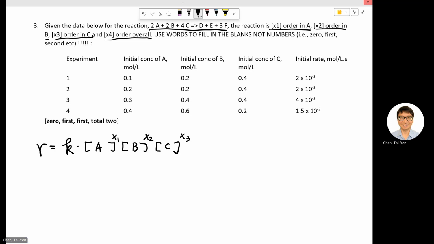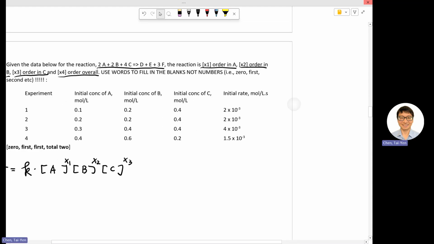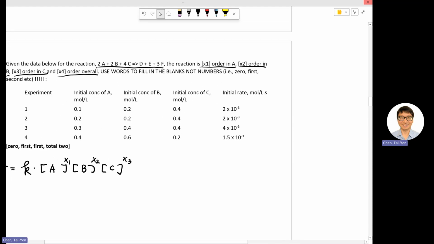Once you know this, look at these 4 specific reactions. The initial rate is 2 times 10 to the negative 3, so this is your rate.